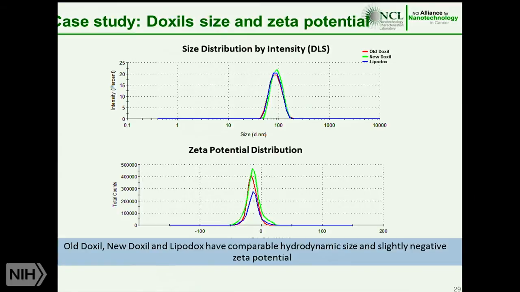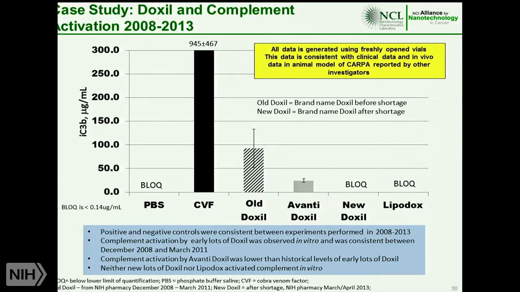The same manufacturer produced new Doxil, which is the Doxil available in the US after the shortage, and we compared it to Lipodox, which is pegylated liposomal doxorubicin manufactured by the Indian company Sun Pharma. According to the physicochemical characterization, hydrodynamic size and zeta potential, there is no difference between these formulations.